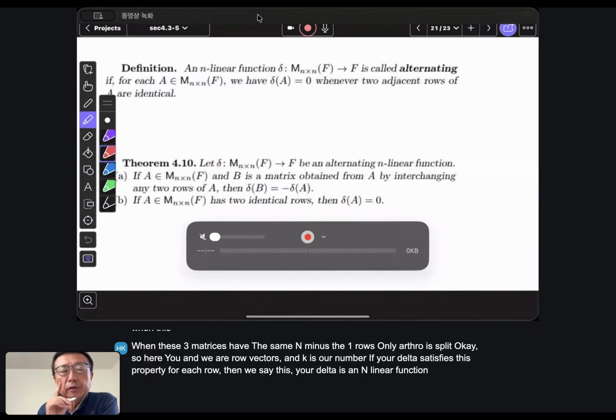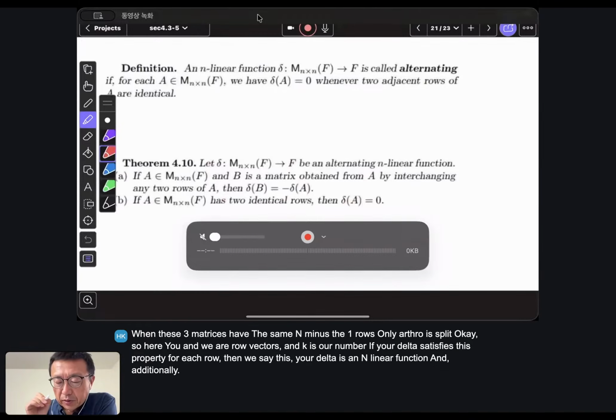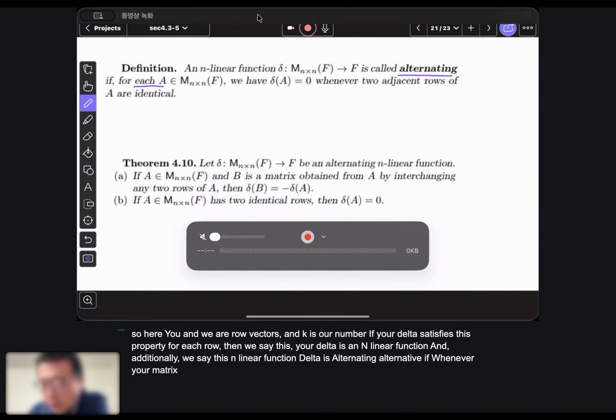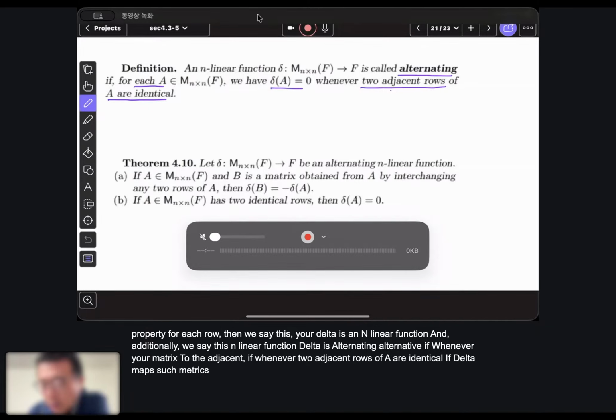And additionally, we say this n-linear function delta is alternating if whenever two adjacent rows of A are identical, delta maps such a matrix to 0.